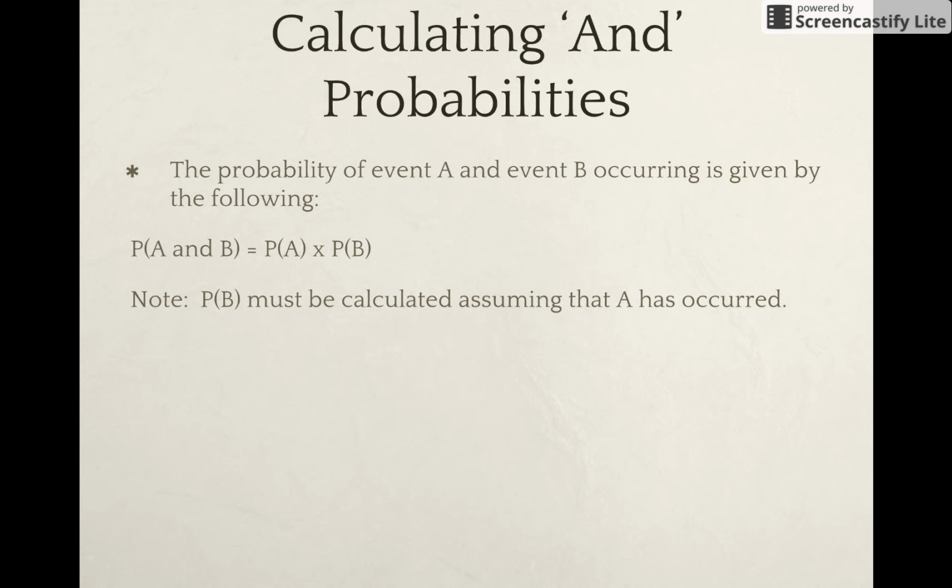There are times when the occurrence of A will affect the probability of B. There are other times when the occurrence of A will have no effect on the probability of B. But calculation must take place when using this formula. That is, the probability of B must be calculated assuming that A has occurred.